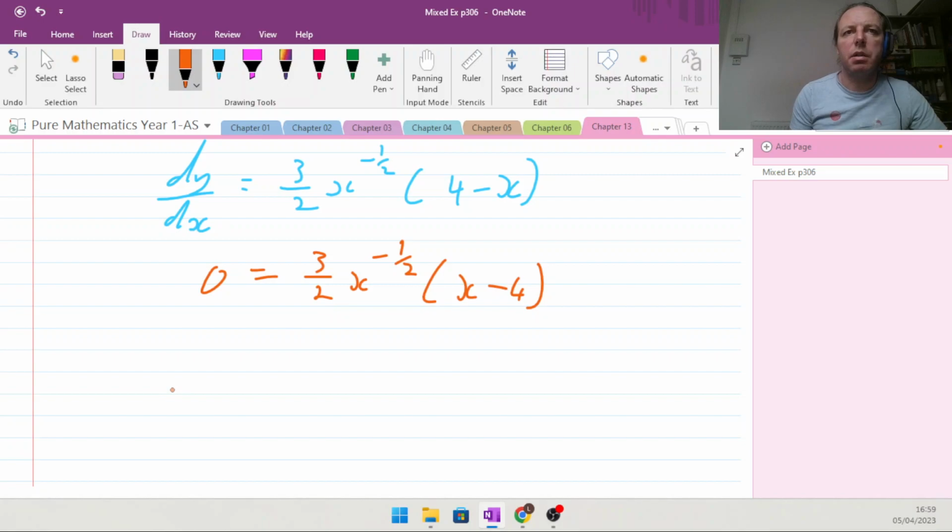Solving that, all of this bit can be divided by itself and is gone, and so we end up with 0 equals x minus 4, so x is equal to 4.